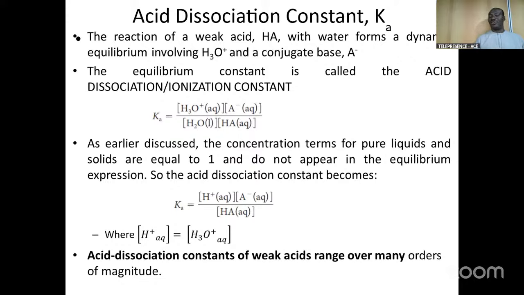So the acid dissociation constant is also an equilibrium constant, only that we relate it specifically to a weak acid. The reaction of a weak acid with water forms a dynamic equilibrium involving hydrogen ion and the conjugate base A minus, such that the equilibrium constant is called the acid dissociation or acid ionization constant.